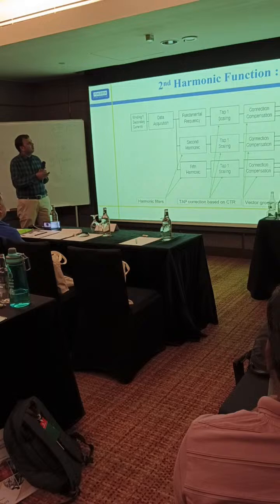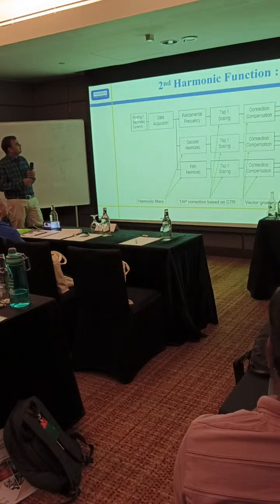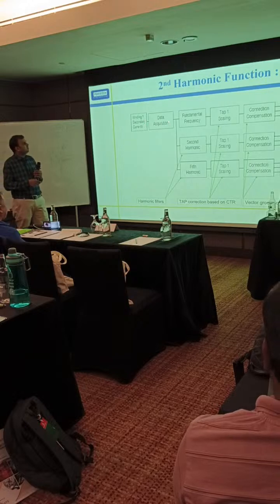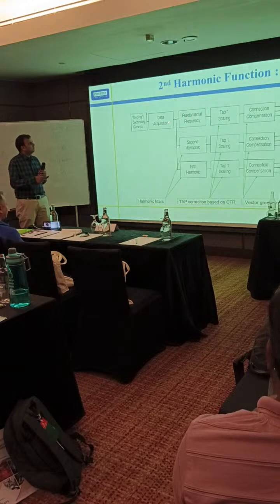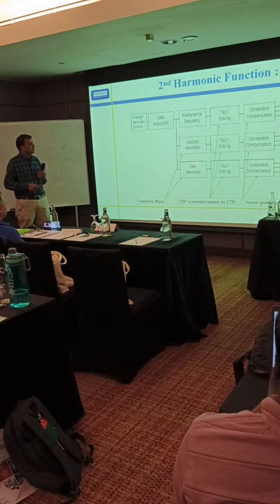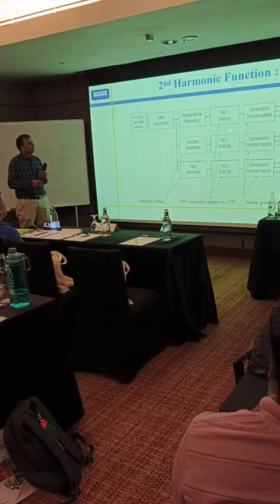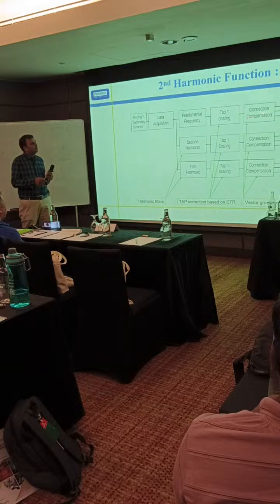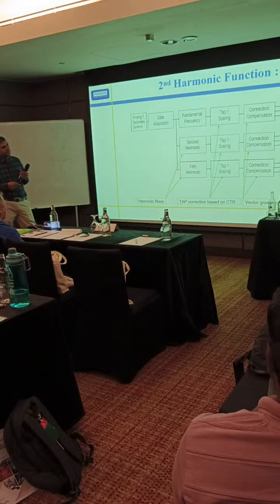So this is how it is. The winding one secondary current in data acquisition is divided into different components: fundamental, second harmonic, fifth harmonic. Then the tap setting is applied as per our setting. Then correction compensation, like we learned yesterday.